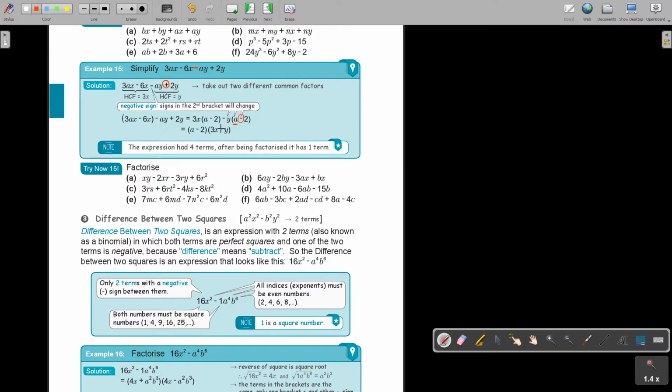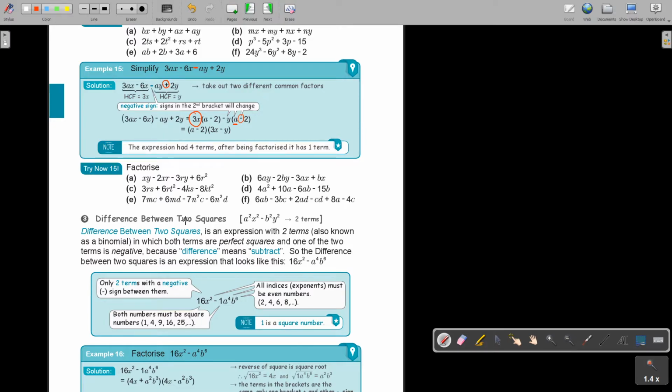When you are in the examination and you see that this is a positive and this is a negative, then just check that you were not making sign mistakes there. So take it out, divide, and you will get the part in front, divide, and you will get the part in front. Okay, that's grouping.